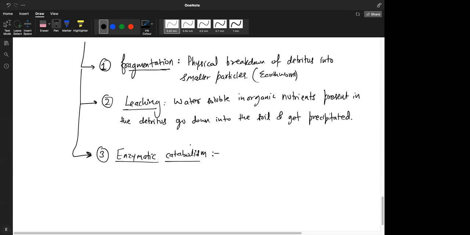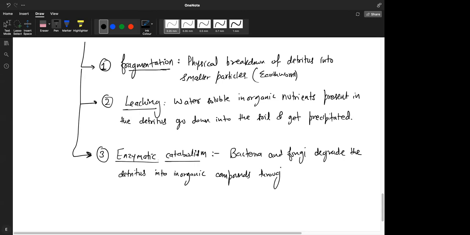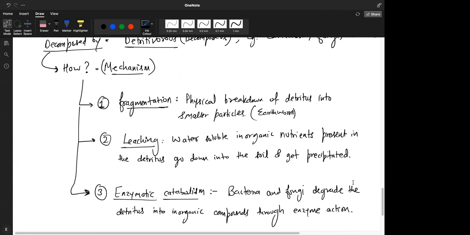This final one is done by, write down, bacteria and fungi degrade the detritus into inorganic compounds through enzyme action.